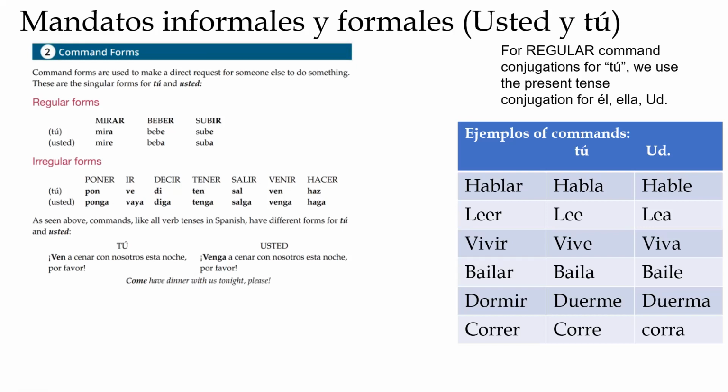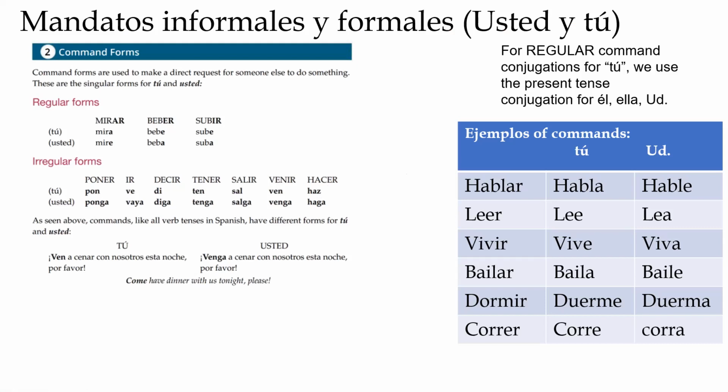Some irregular forms we have for tú, we have pon, sé, di, ten, sal, ven, haz. Okay, so quite a few are irregular here. The ones you'll probably use more often than not out of the irregulars are di, ten, and haz. These are very, very common.